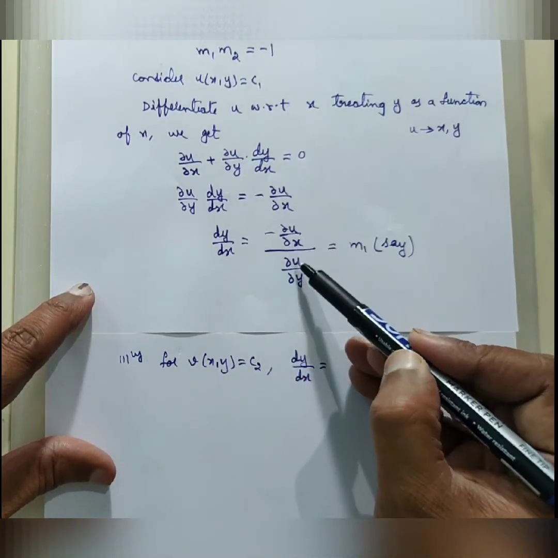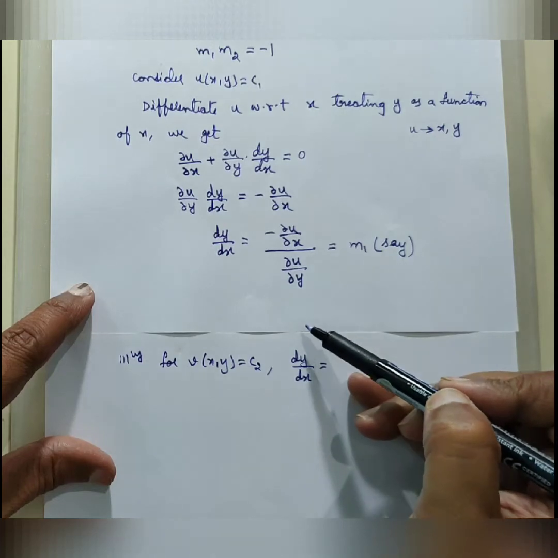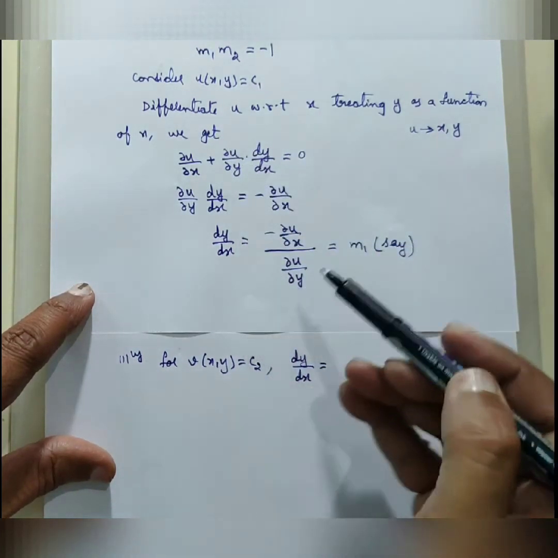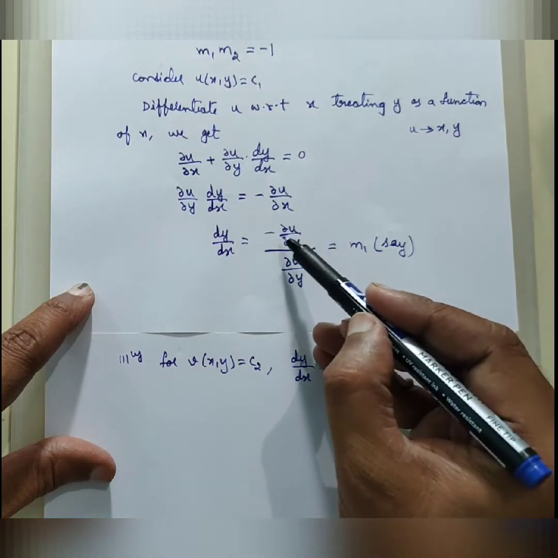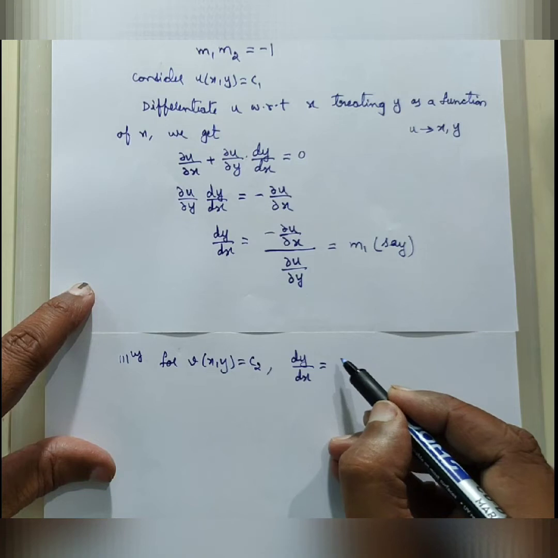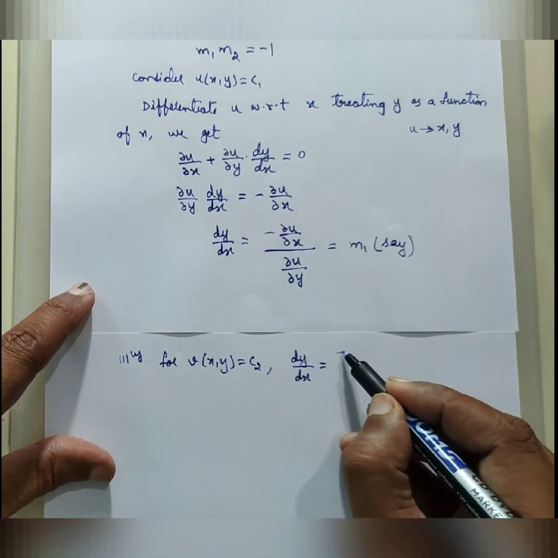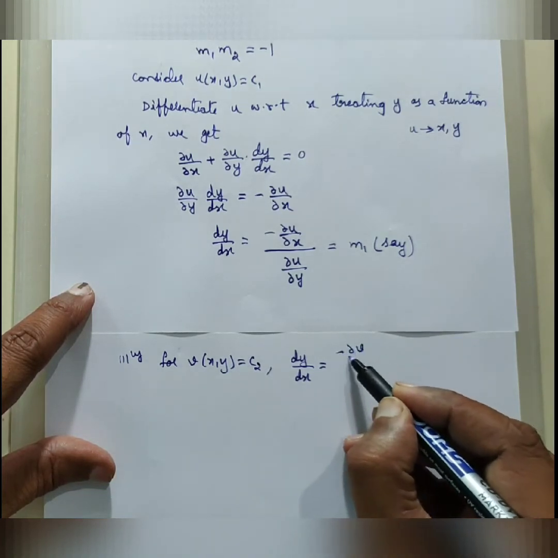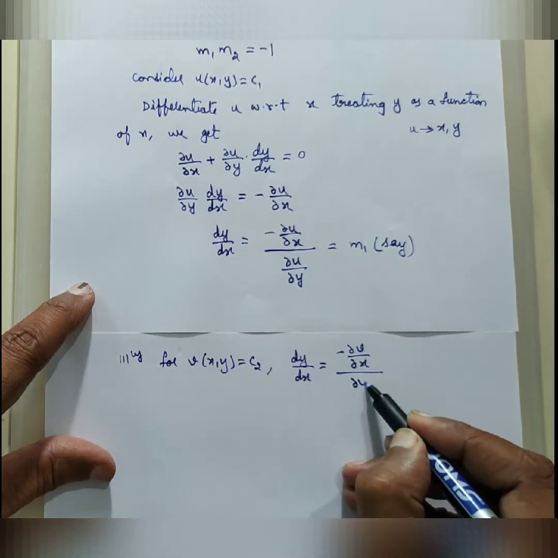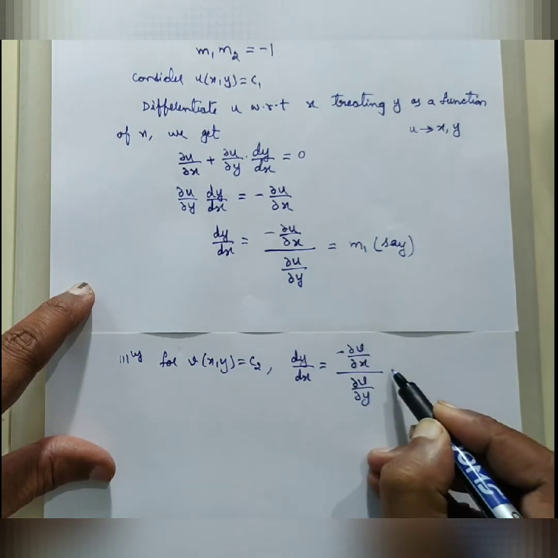In place of u, I will write v. Or else you can follow the same procedure, or write it directly. So I'll just write it directly, replacing u by v. You will get minus dou v by dou x whole divided by dou v by dou y.